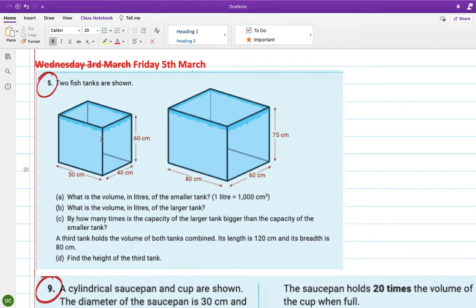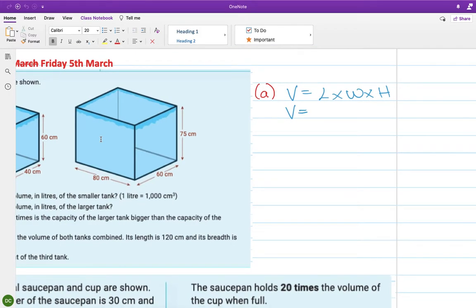Okay, so what is the volume in litres of the smaller tank? So it's a cuboid, which means the volume is going to be length by width by height. So what's that? 50 by 40 by 60? Yeah?